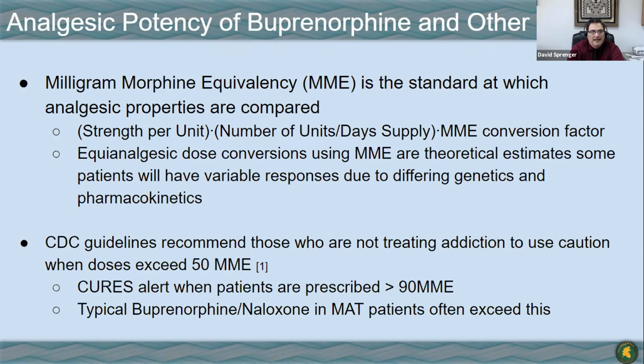So you may get an alert on the CURES system, but because the morphine milligram equivalent is over 90 only for analgesia, it doesn't necessarily translate into being more unsafe.